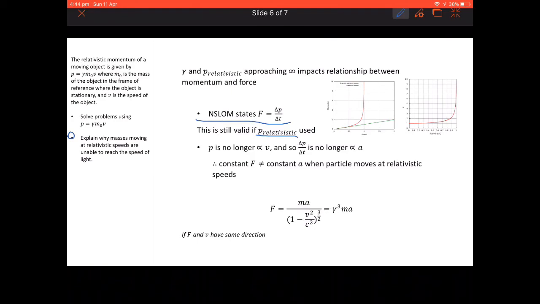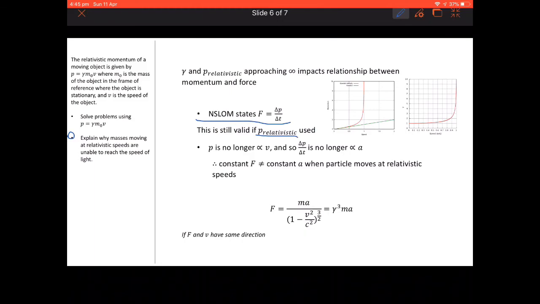Because with relativistic momentum, it's no longer directly proportional to v, or to velocity, the rate of change of momentum is therefore no longer directly proportional to acceleration.